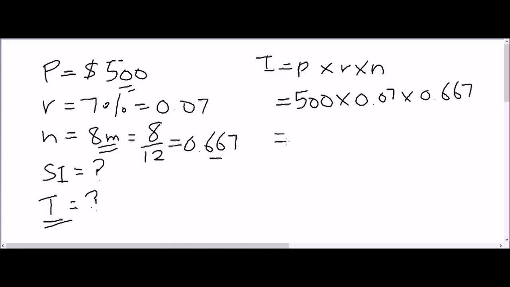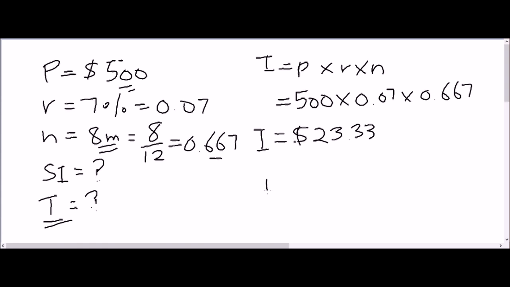Now if you use a calculator and multiply these 3 numbers, the answer you'll get is $23.33. So that's the interest part there, right? So that's done.